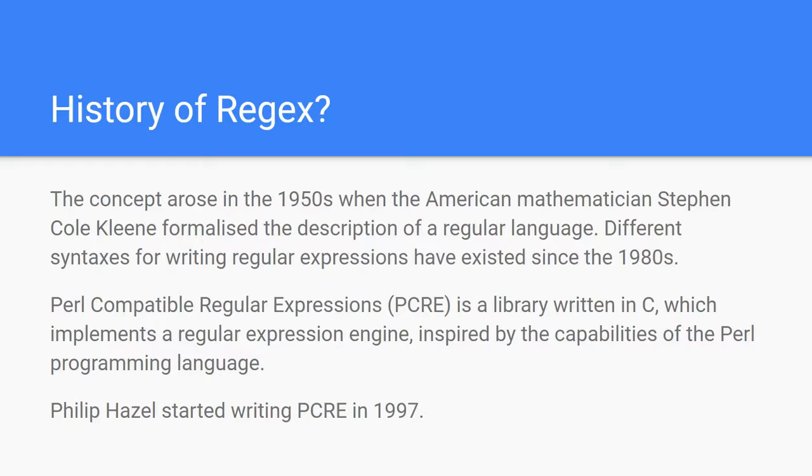The syntaxes were played around with in the 50s all the way through to the 80s. Then finally, in about 1997, Philip Hazel did a thing called a Perl-compatible regular expression, which is PCRE, and it was written in C, and it used the Perl language and said, we are going to define this regular expression.